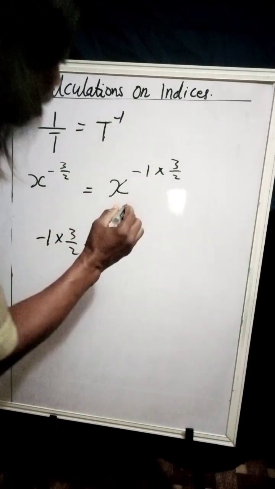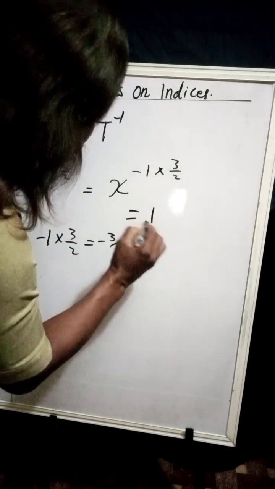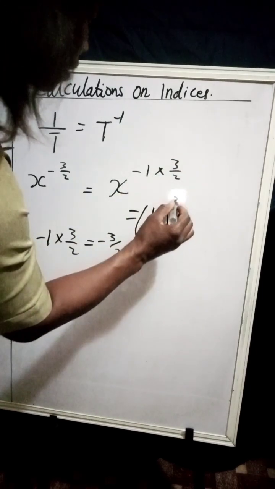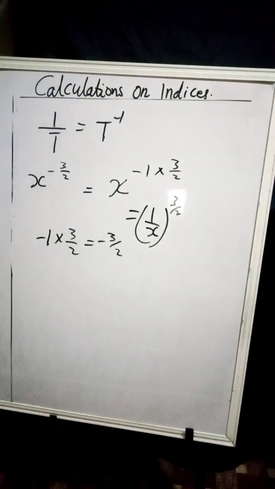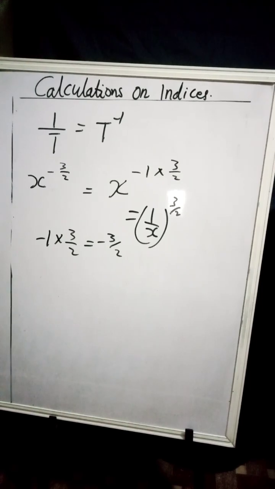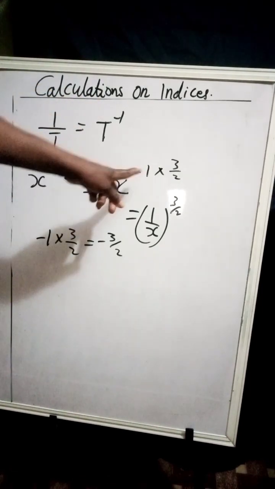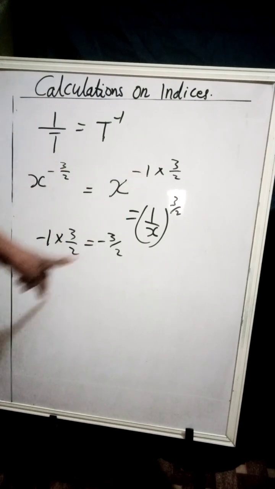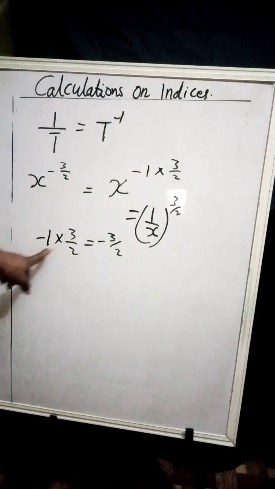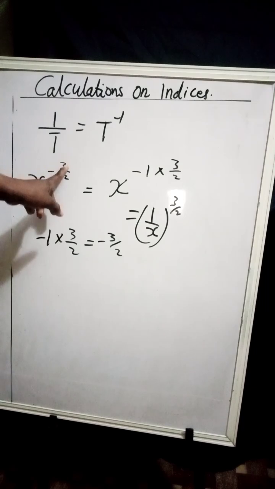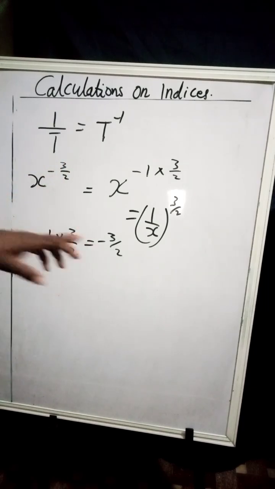So in that case, this will give us 1 over x, then multiplied by power 3 half. I hope this is not confusing. Remember that this here is the same thing as minus 1 multiplied by 3 half. If we multiply negative 1 by 3 half, we still get back negative 3 half. So we did not change anything.